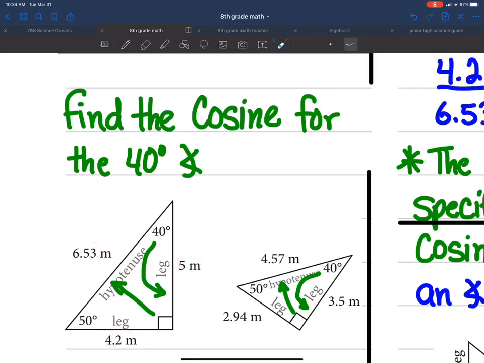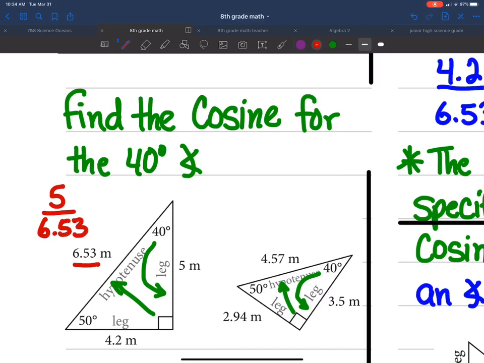We're going to take the value of the adjacent side, which is 5, and divide that by the hypotenuse, 6.53.